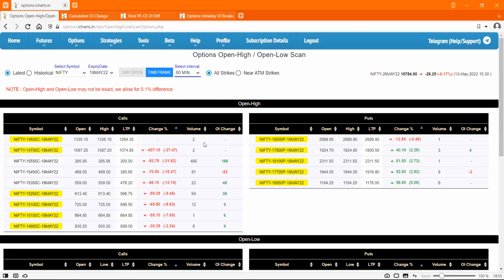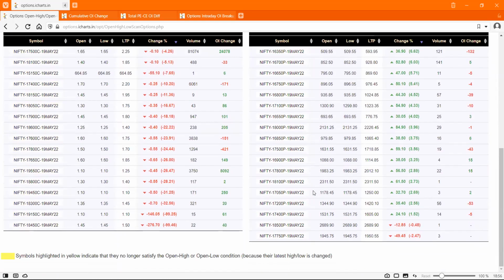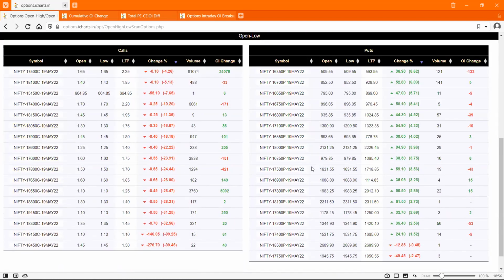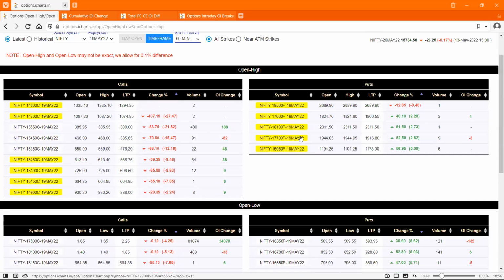So based on this, you can even gauge which side is bullish or bearish for a particular script. The scenario also you can judge based on this. It's not too easy to do, but still you can judge based on how many scripts are active over here.